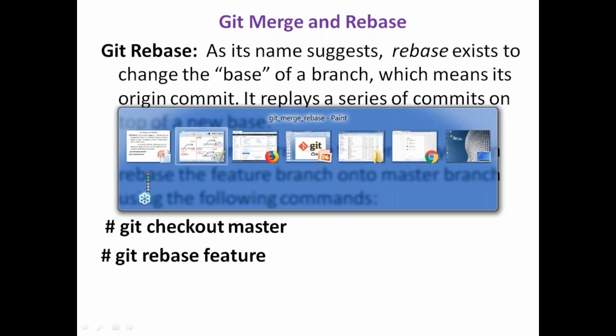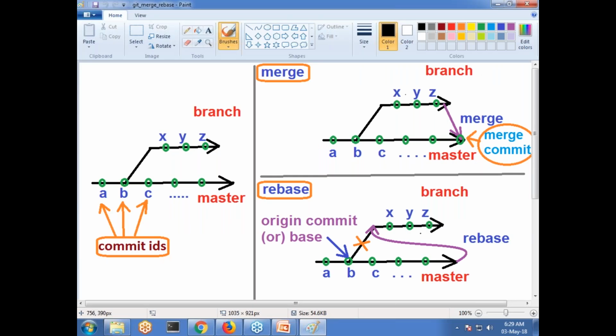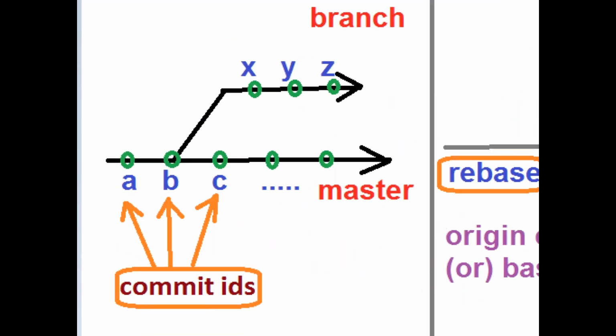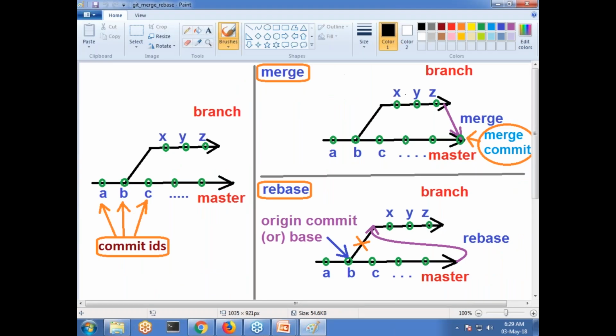Here we are doing some comparisons of merge and rebase. It is my earlier master and normal branch. In the master branch we have multiple commit IDs, and in the normal branch we also have multiple commit IDs. Now we want to get this code from the branch to master, right?